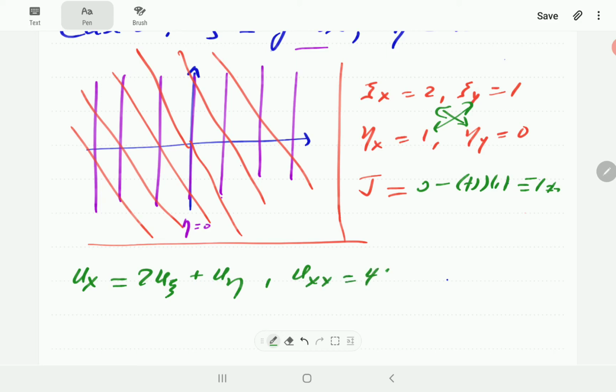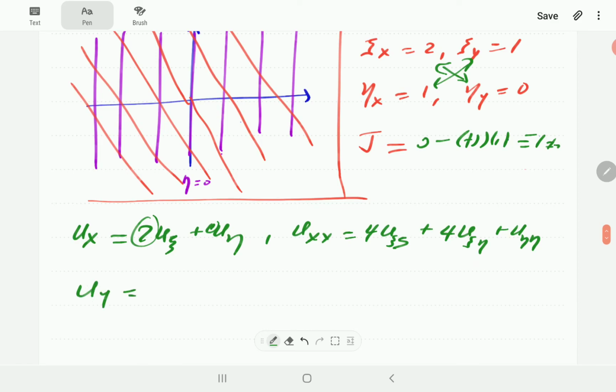Uxx is going to be 4u xi xi plus 4u xi eta, 4 coming from 2 times 1 times 2, and then plus u eta eta.